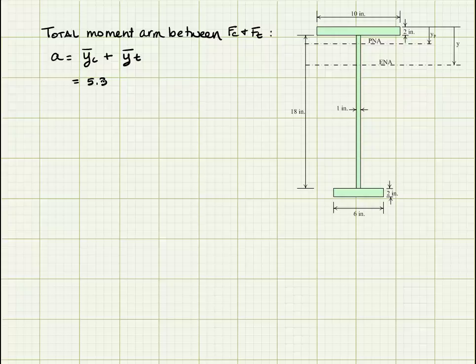So I have 5.3 inches plus 10.1 inches, and that total moment arm is 15.4 inches.